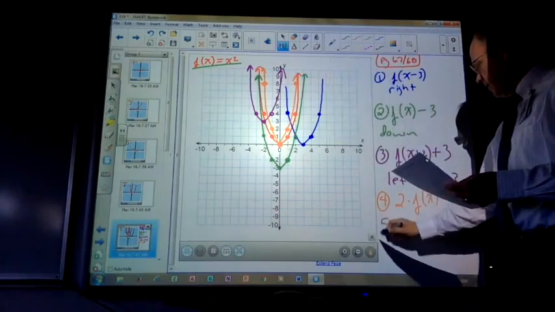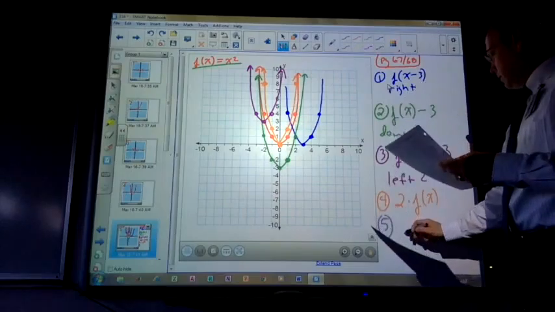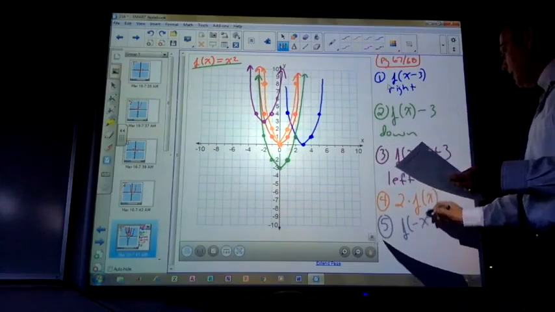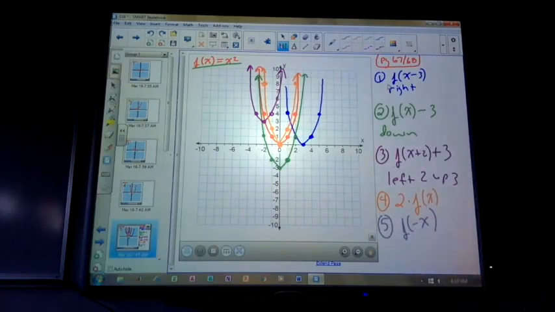Number 5. What had I said that the negative x does? So this problem is going to be really hard to see the change. Why is that? Why is our red parabola symmetric about right now?